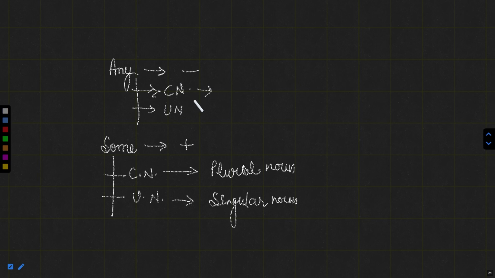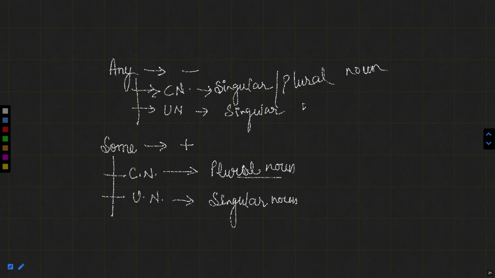If it is used with countable nouns, we can have both singular and plural nouns after it. But with some, we can only use a plural noun. And if it is used in the uncountable case, of course the noun will be singular after it. So this is how we use any and some.